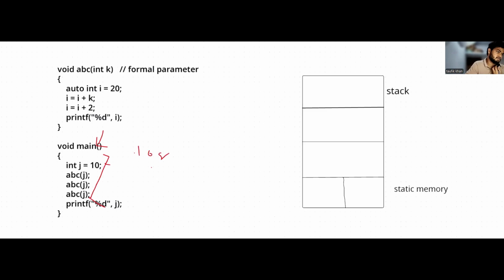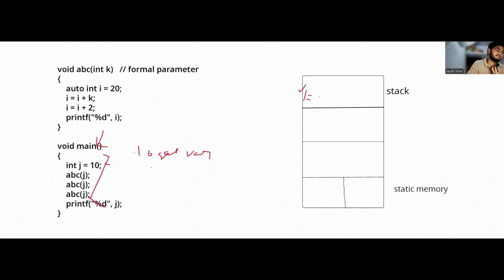In our first lecture, I had explained that a local or auto variable is stored inside the stack. So the variable z is equal to 10 will be stored over here.